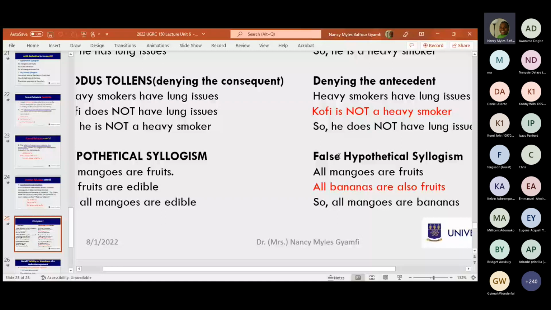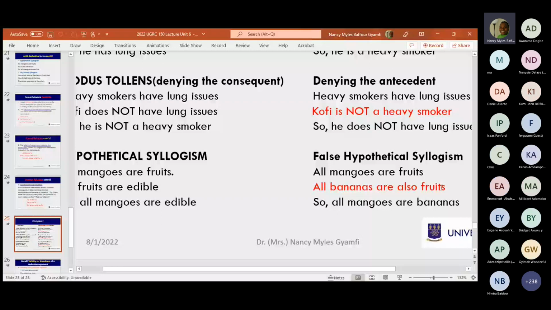It doesn't go the Z way, where you create a Z with a pattern. This one says all mangoes are fruits. Now the fruit that is the consequent here, that is ending here, should begin the next one. That is the pattern called modus X, hypothetical syllogism. Not when you say all mangoes are fruit, all bananas are also fruit. So we should conclude that all mangoes are bananas.